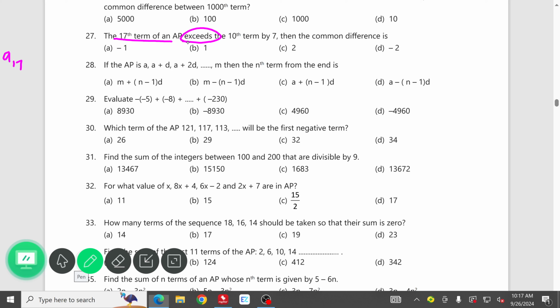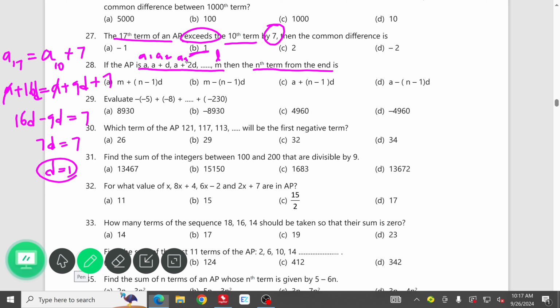If the AP is a, a plus d, a plus 2d, going on till m, then the nth term from the end they are asking.